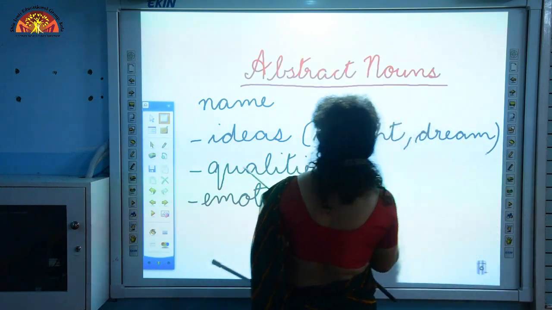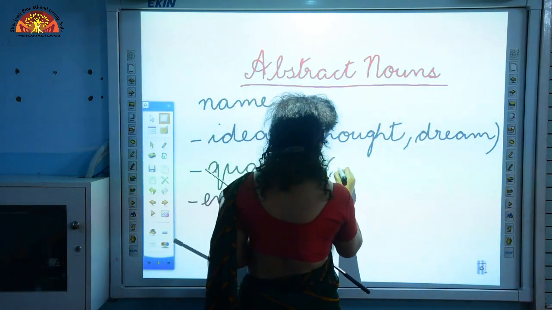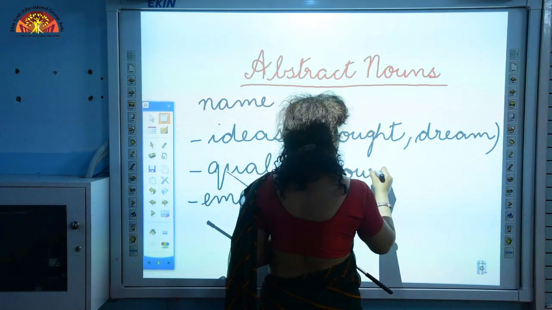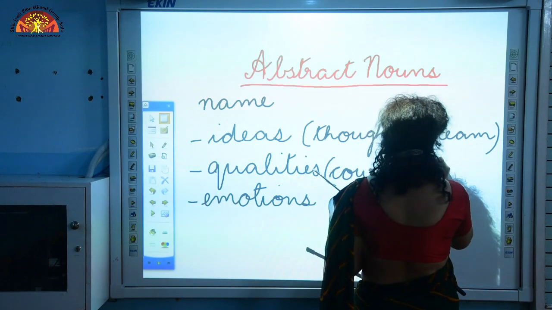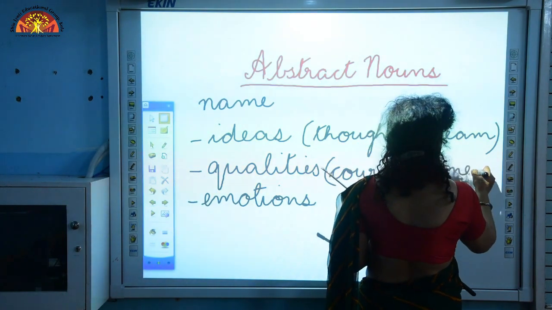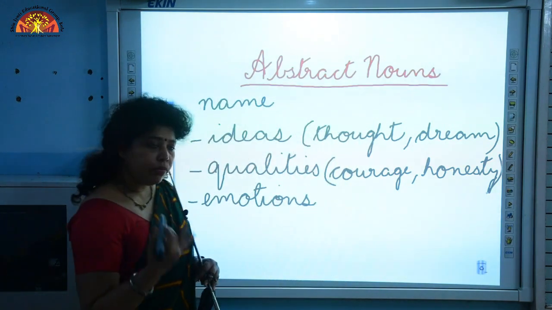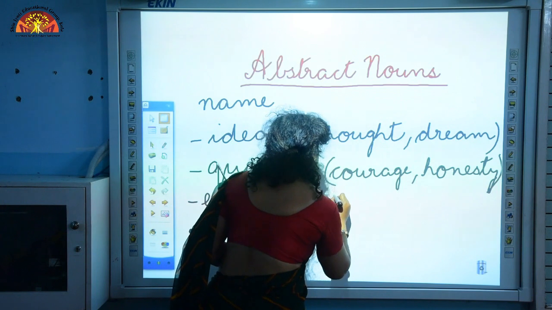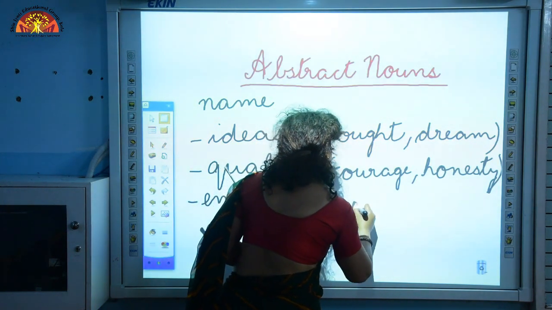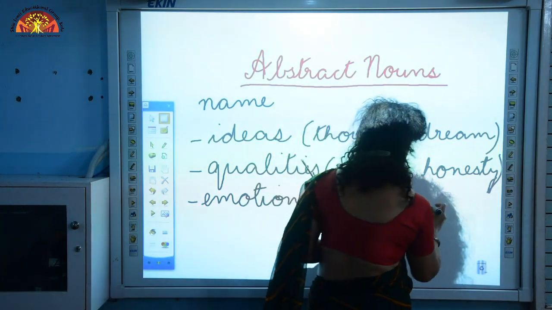When we talk about qualities, it can be courage, it can be honesty, and when we talk about emotions, examples are happiness, grief.